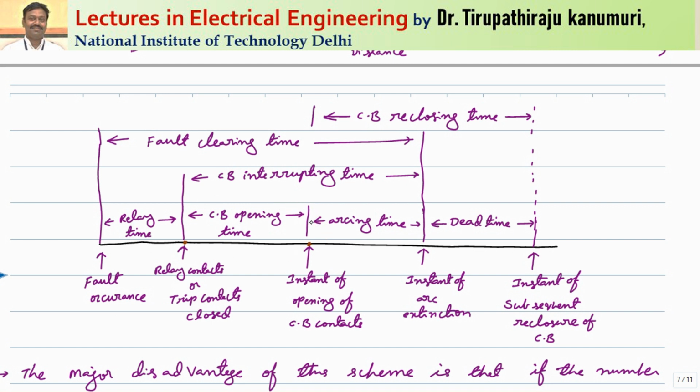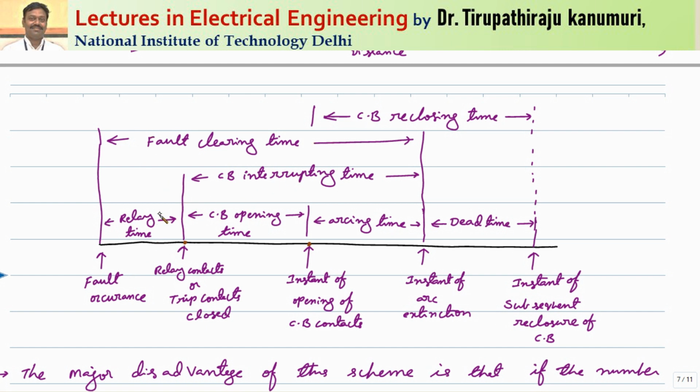Once the contacts are opened, the arc will come between the contacts, and the arc will take some time to completely extinguish. The time from the instant of fault occurrence to the instant of complete arc extinction is called the fault clearing time. Generally this time is a minimum of 0.38 seconds up to 0.5 seconds. If your second relay operates before that, simultaneously 2-3 relays may operate.